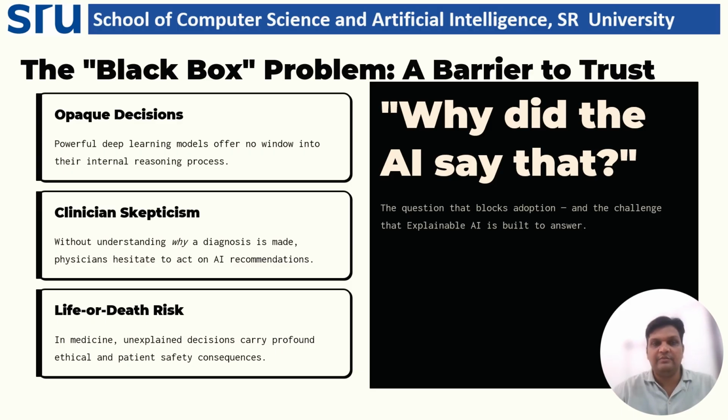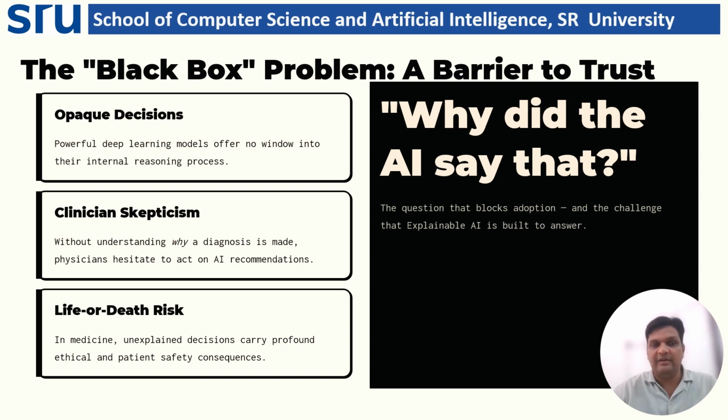The black box problem, a barrier to trust. Opaque decisions: powerful deep learning models offer no window into their internal reasoning process. Clinical skepticism: without understanding why a diagnosis is made, physicians hesitate to act on AI recommendations.